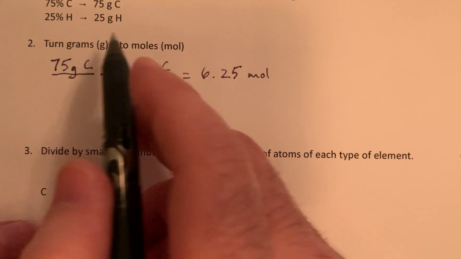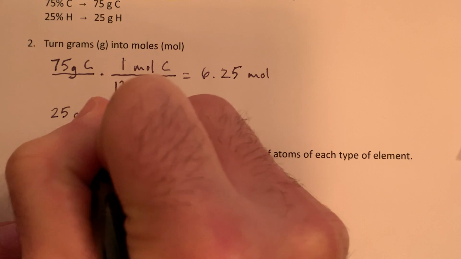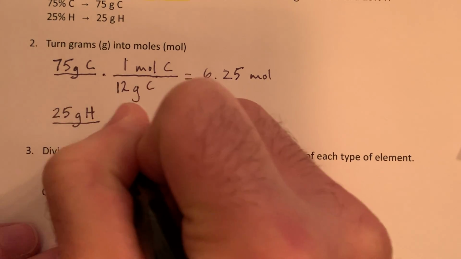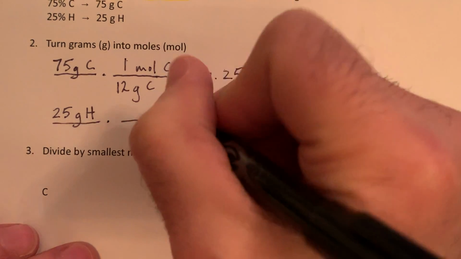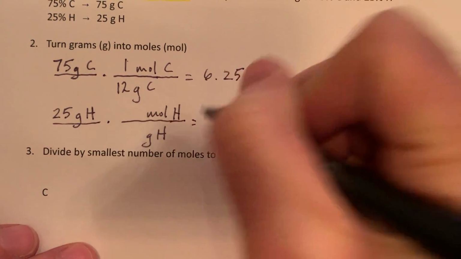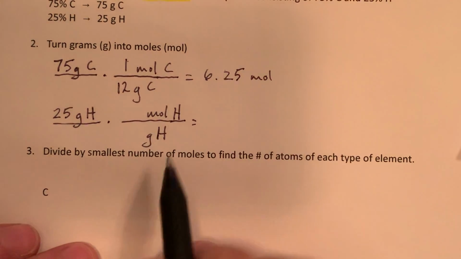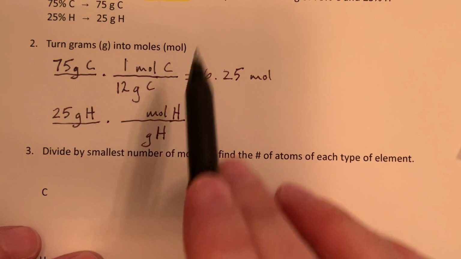All right, let's do the next one. 25 grams of hydrogen. We're converting grams of hydrogen to moles of hydrogen. Okay, now we're talking about an element as part of a compound. So this is not alone.